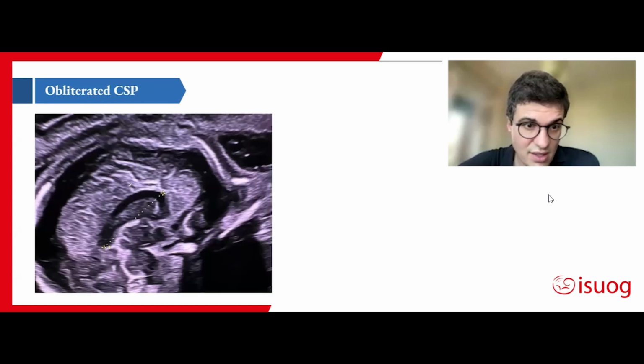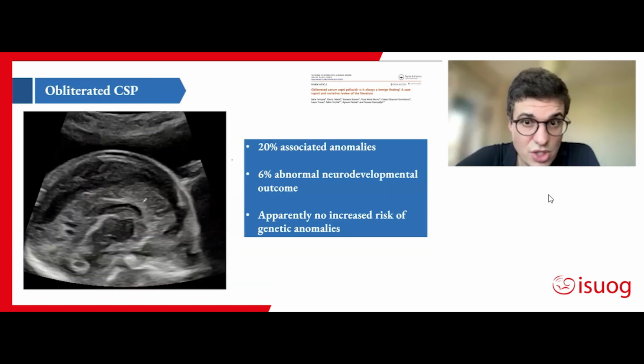And when we do, we see that the cavum septi pellucidi is slightly hyperechogenic, the corpus callosum is present, and the relationship between the cavum septi and the frontal horn is normal. This condition can be labeled, this is a very recently defined condition, as interrupted or obliterated cavum septi pellucidi. The evidence about this condition is very poor.